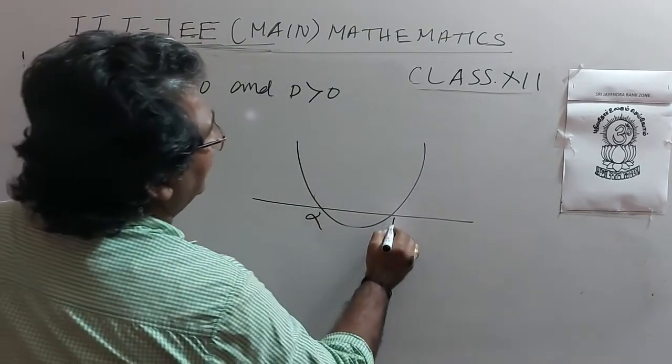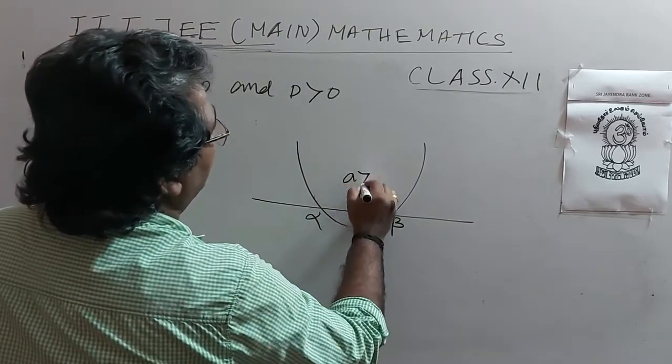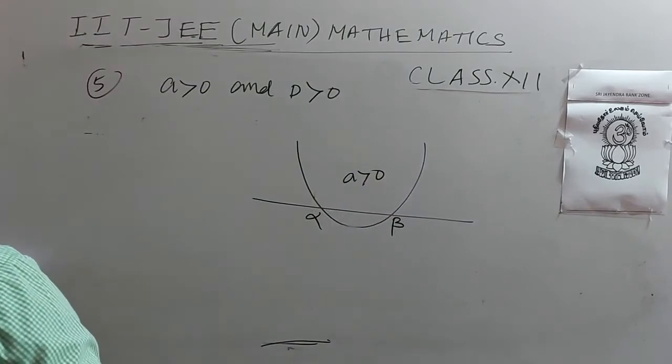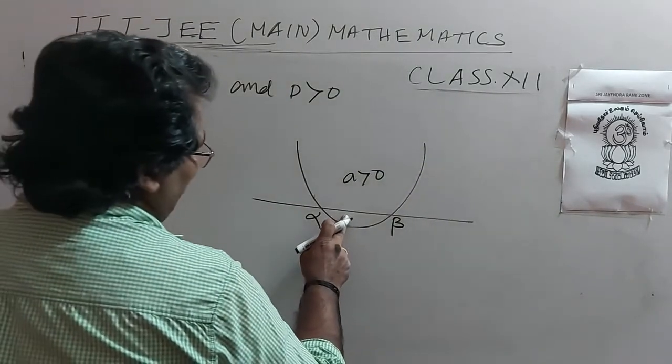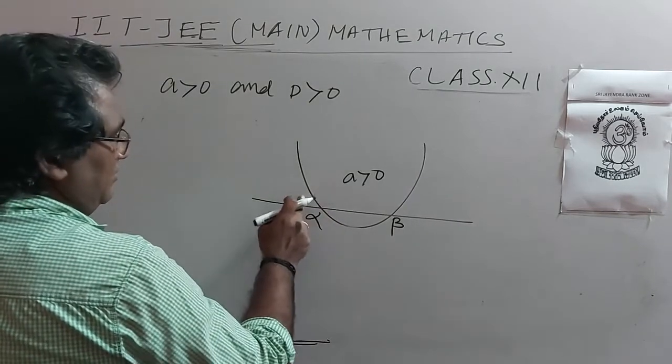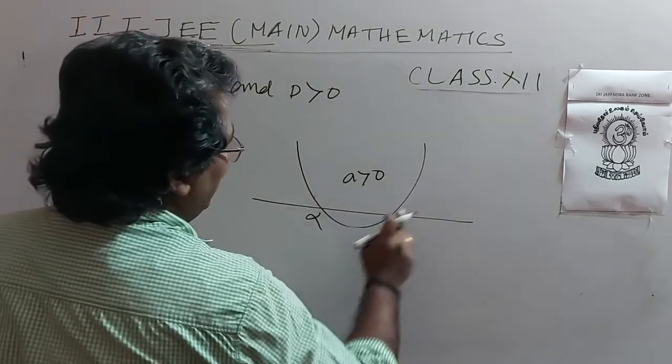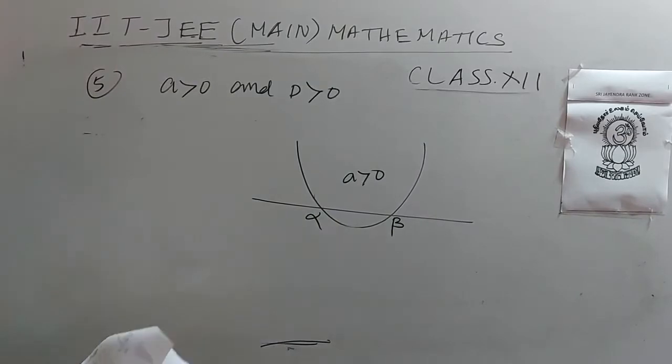Here alpha, here beta. A is greater than 0. So in this portion f of x will be negative, in these portions f of x will be positive.